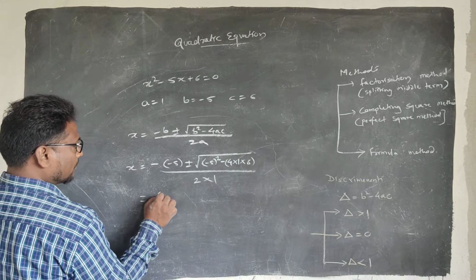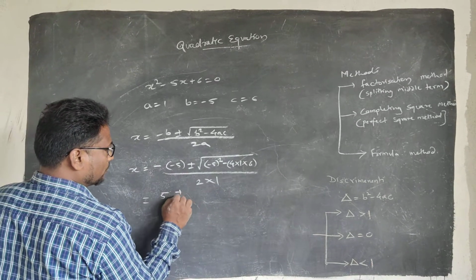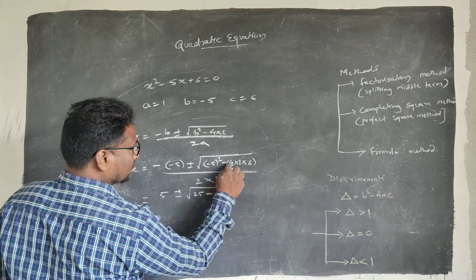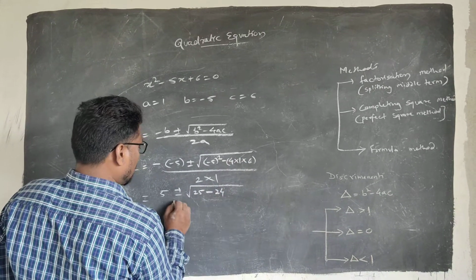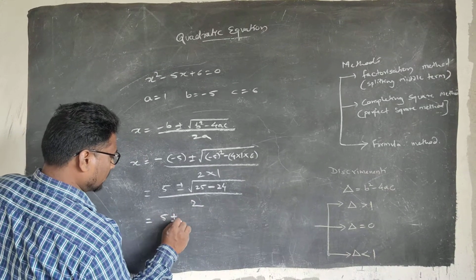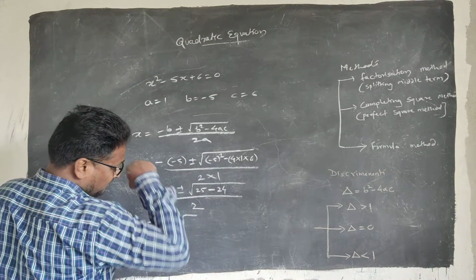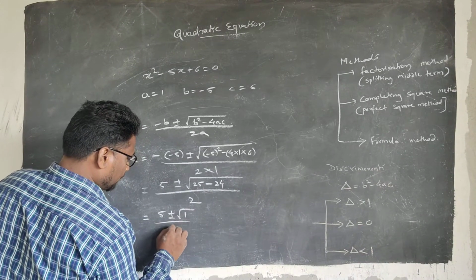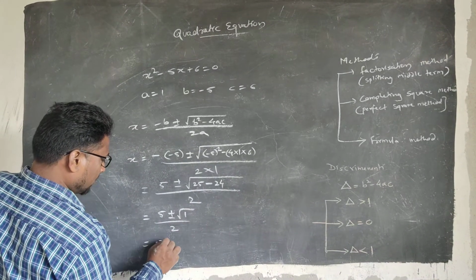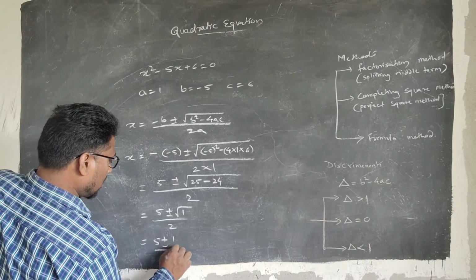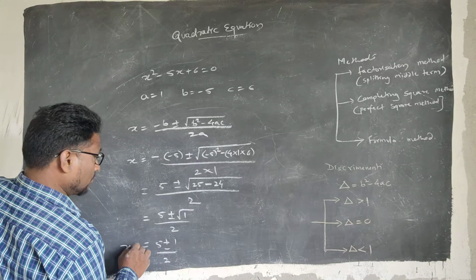This gives you minus into minus 5, plus or minus root negative 5 square is 25, minus 4 6s are 24, upon 2 into 1 is 2. This is 5 plus or minus root 25 minus 24 is 1, upon 2. So 5 plus or minus 1 upon 2, that's the value of x.